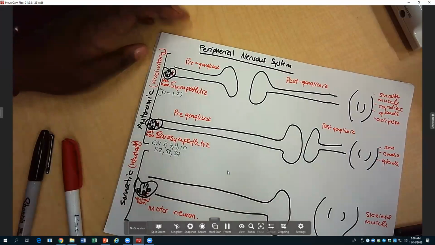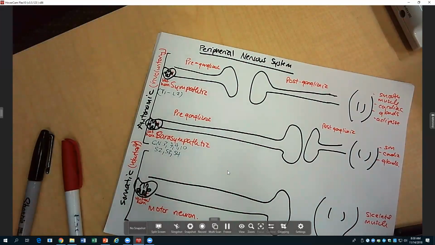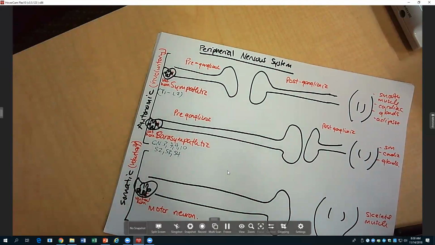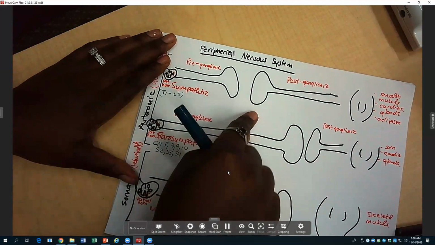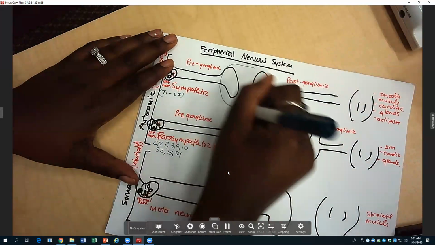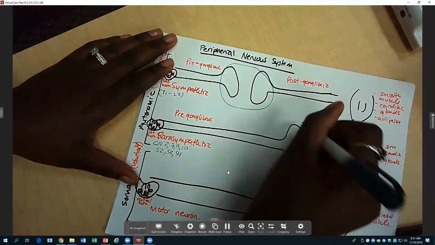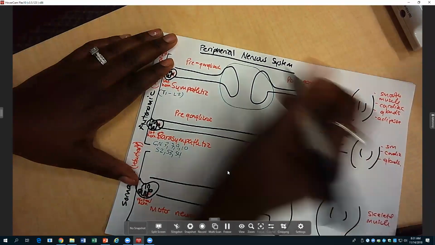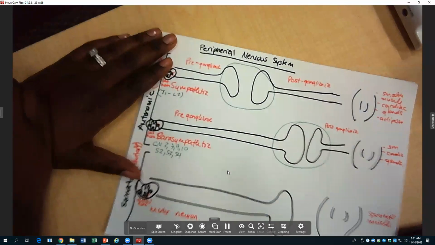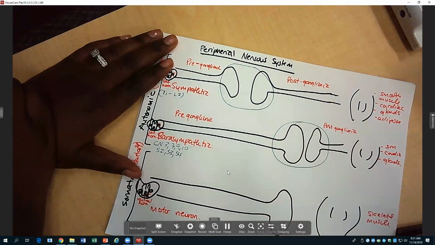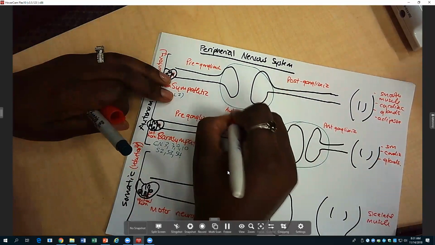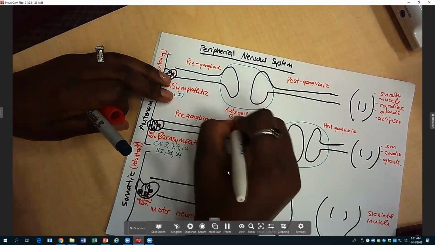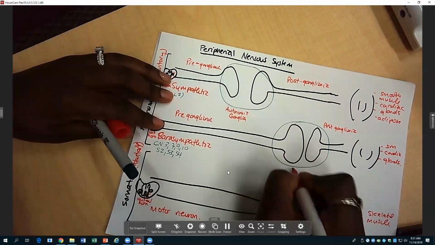All right. Now let's talk about some of the communication here. So we said in the sympathetic nervous system, right? These two neurons communicated at what? What was this structure called? Generally, it was called an autonomic ganglia. Right, so this slide here, autonomic ganglia.